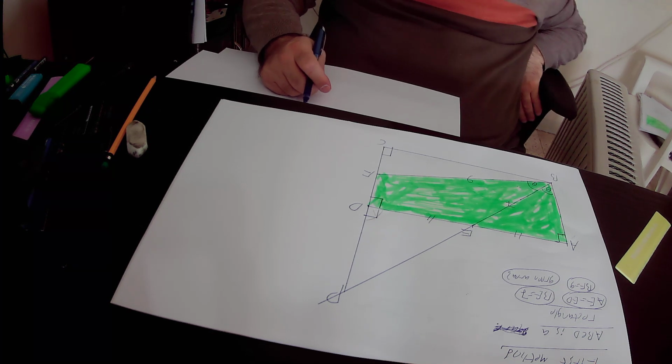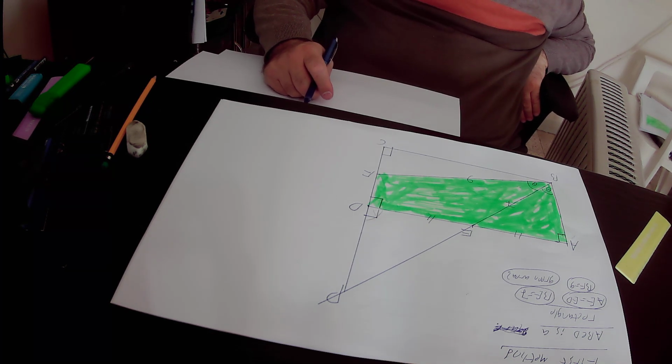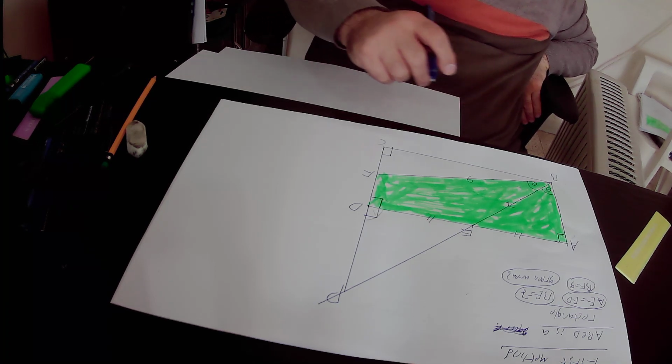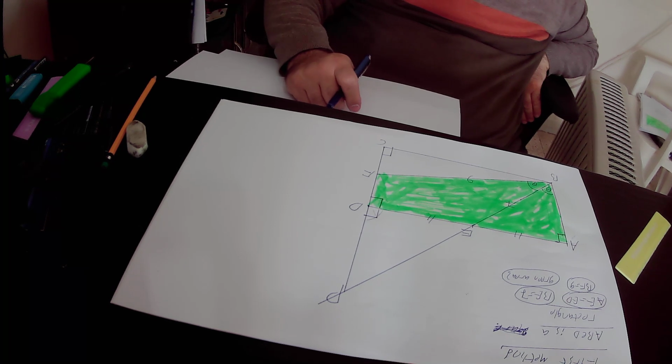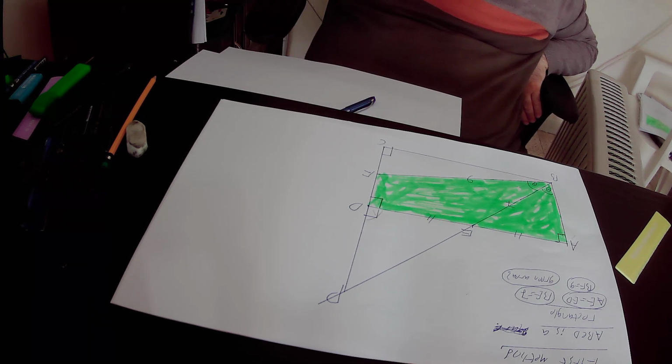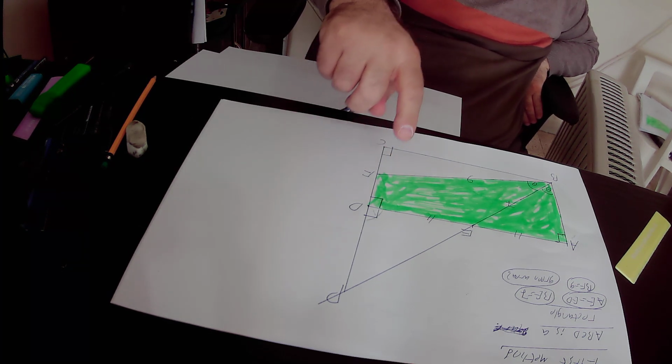And CD is a straight line, and the straight line AB is parallel to the straight line CD. The construction that we did is we extended the straight line CD by a straight line.